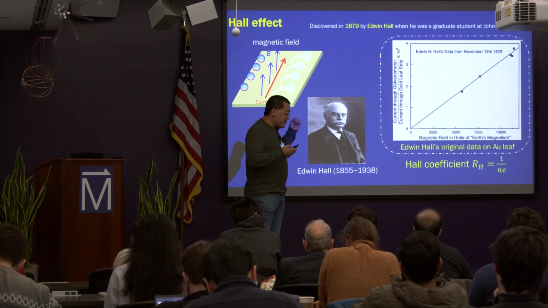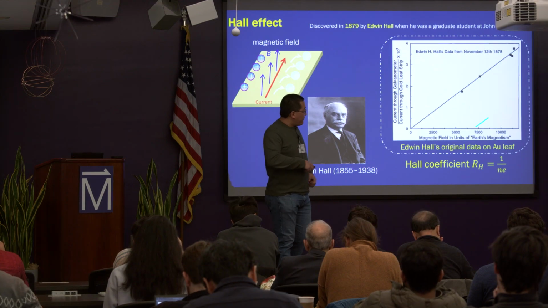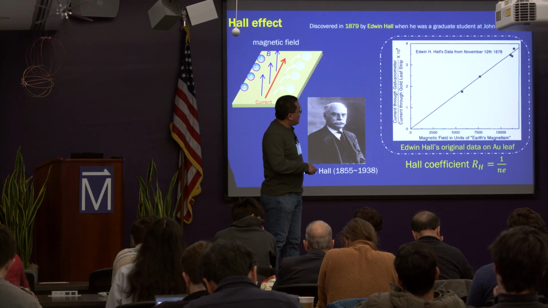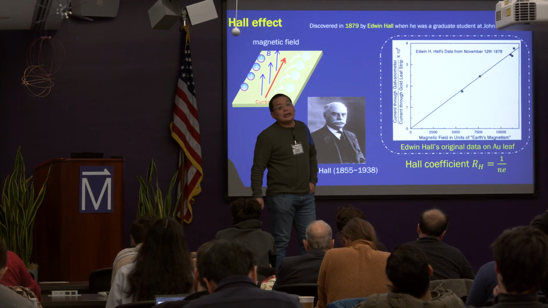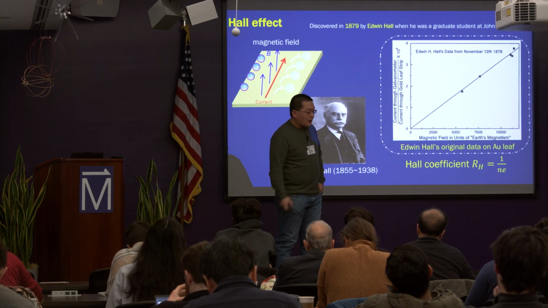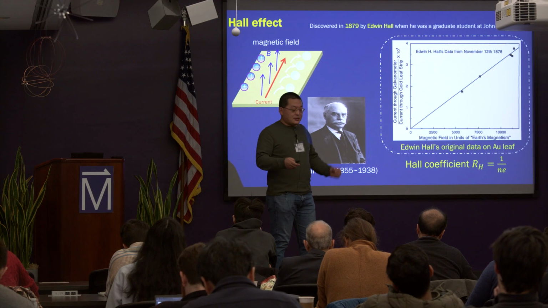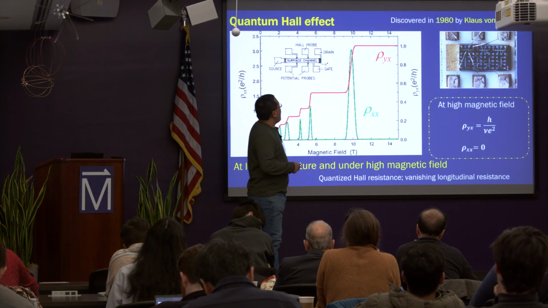So here we ask one question: if we apply a really high magnetic field to these 2D semiconducting or metallic samples, what will happen?